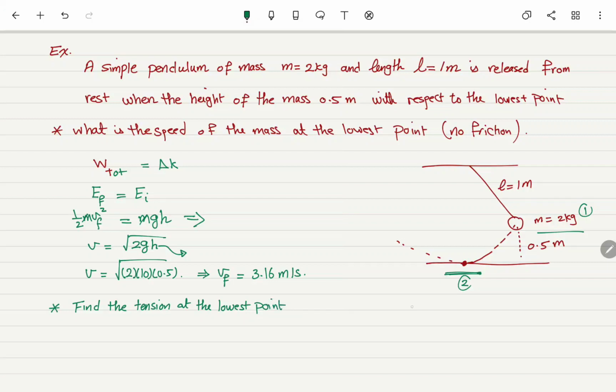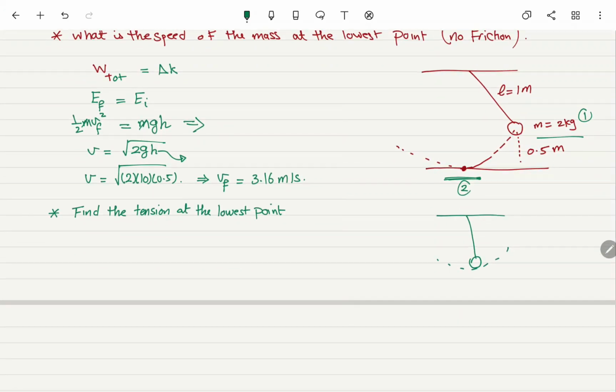Now at the lowest point, we have two forces. Weight is directed this way, and tension is this one. Now, sum of all forces equal to ma.